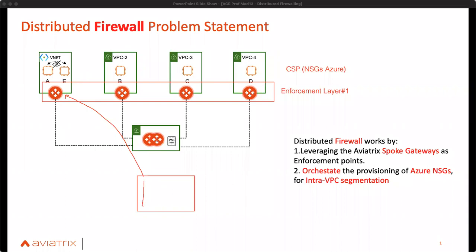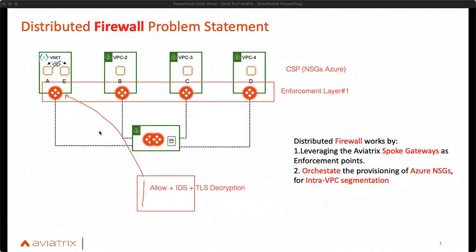For instance, I want to have a layer 3, layer 4 firewall. Maybe I want to allow this traffic, but I want to subject it to things like an IDS, and I want to do TLS decryption. Again, this is just an example. And based on that, the relevant gateways in the path will be programmed.